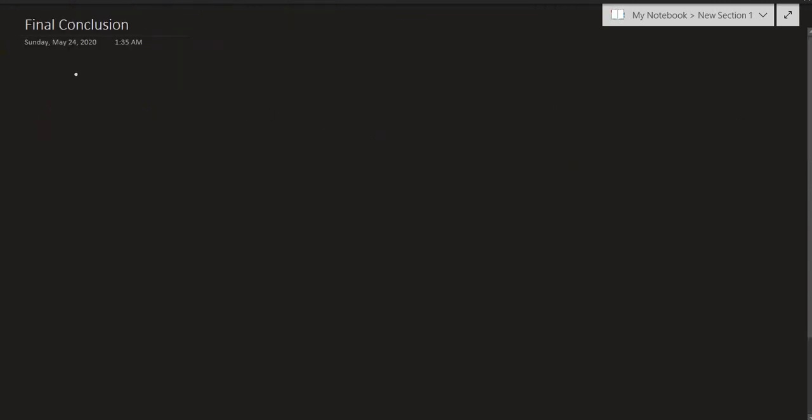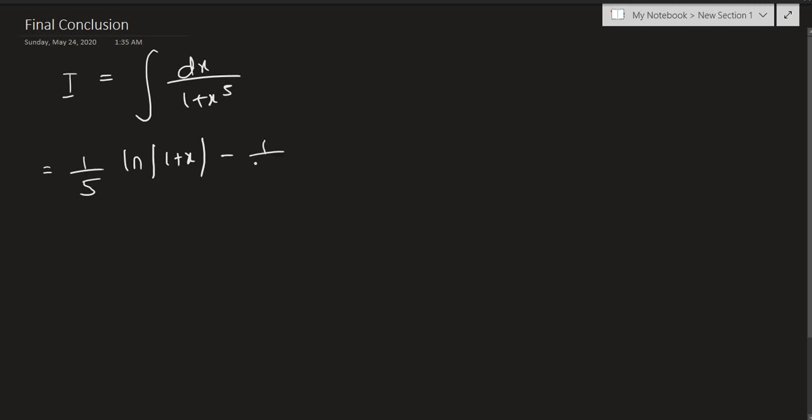So putting everything together, now we have I defined as the integral of dx over 1 plus x to the fifth. Let's put together all the terms we obtained. So we have 1/5 times the natural log of 1 plus x from our original partial fraction decomposition minus 1 over 20 times the natural log of x to the 4 minus x cubed minus x plus 1 because of our j term.